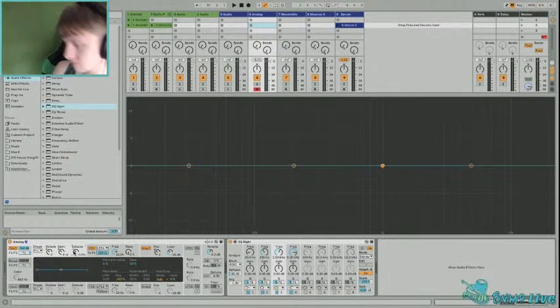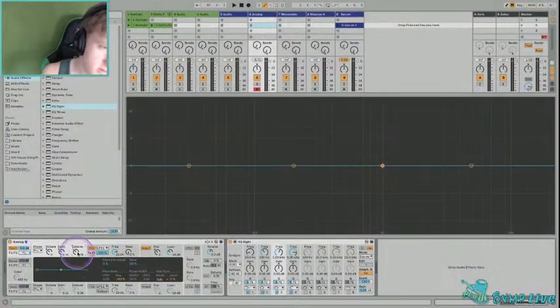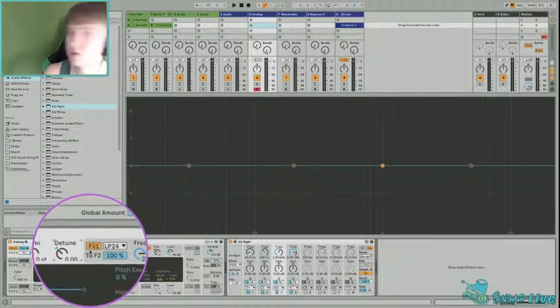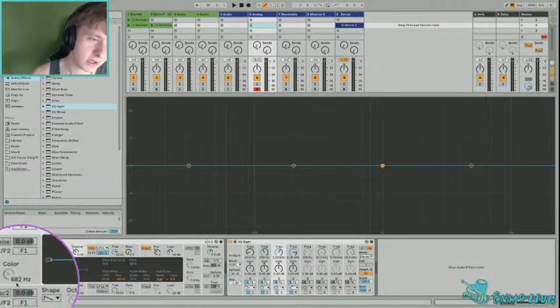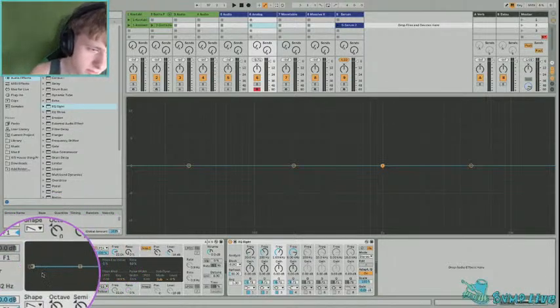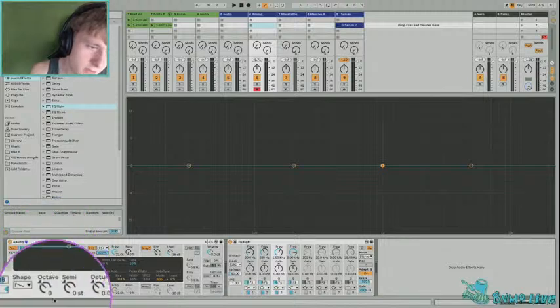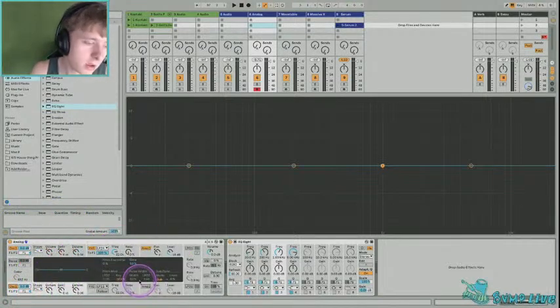But for effect, if you wanted a slightly detuned sound, if you wanted maybe one oscillator to be tuned down a little bit, to be out of tune a little bit with another one, let's do that, for example. So maybe you wouldn't practically use the detune knob to detune a sound, but let's say you had two oscillators going on. So let's put this one on, make sure they're the same shape.